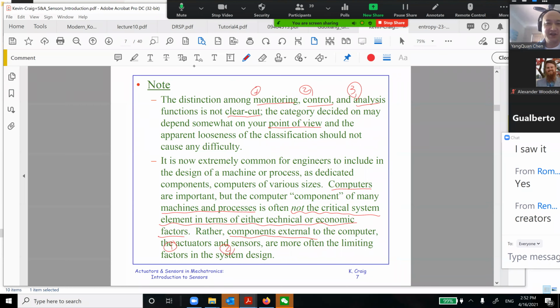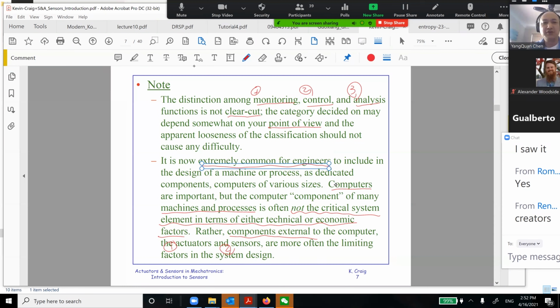Sometimes the monitoring, control, and analysis are probably intertwined, not totally separated. It is extremely common for today's engineer, including the machine or process in the design phase.